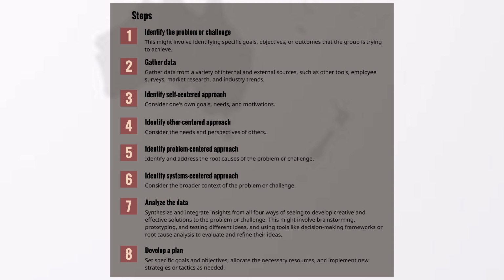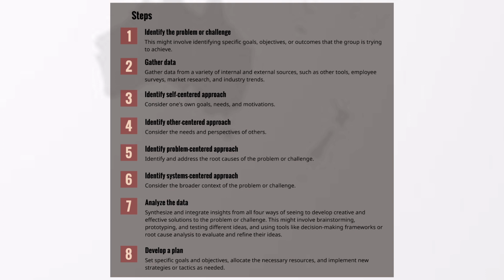7. Analyze the data. Synthesize and integrate insights from all 4 ways of seeing to develop creative and effective solutions to the problem or challenge. This might involve brainstorming, prototyping, and testing different ideas, and tools like decision-making frameworks or root cause analysis to evaluate and refine your ideas.